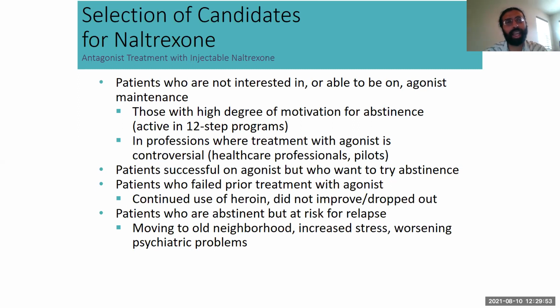The time when I use naltrexone the most is this bullet. Patients successful on agonists, but who want to try abstinence. So we have patients, in fact, I'm working with now, who've been on methadone, but have been gradually tapering off. They're down to that last little bit of methadone, and they're doing well. They're still not using illicit opioids, but they're starting to get a little bit scared. What happens when I go off of methadone?